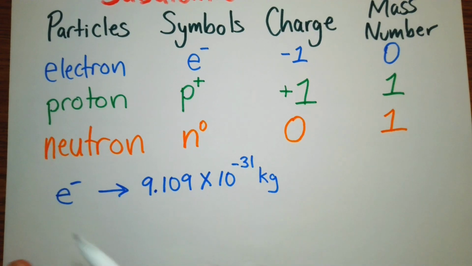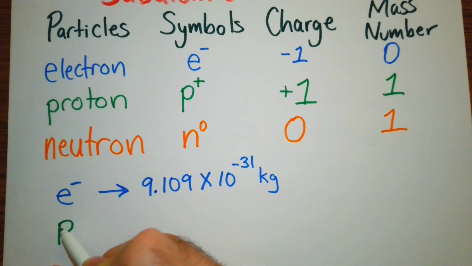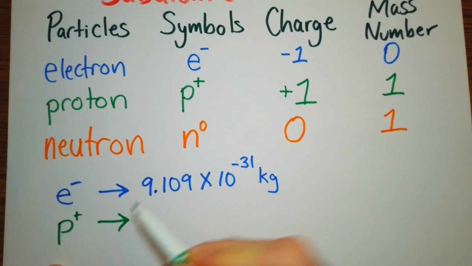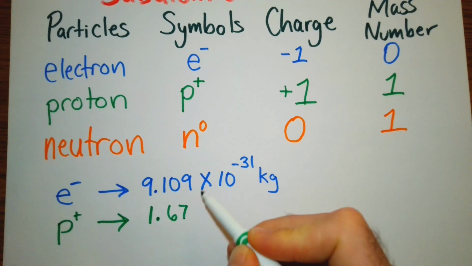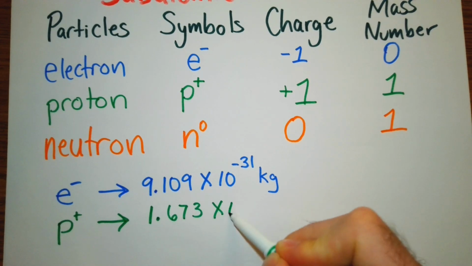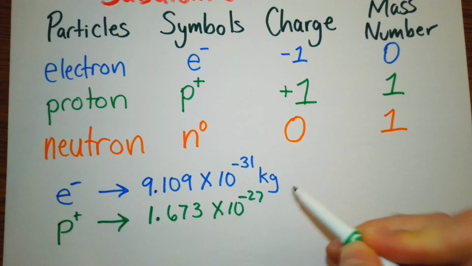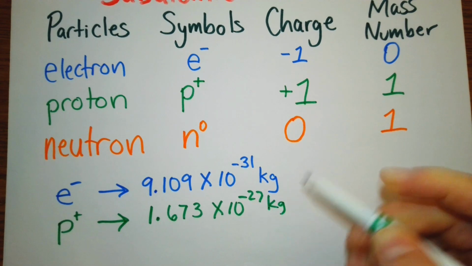For the proton, if you want to know the actual specific mass, it would be 1.673 times 10 to the minus 27 kilograms.